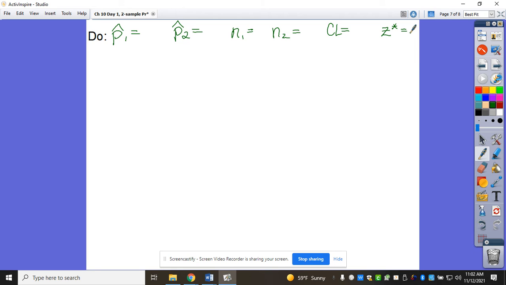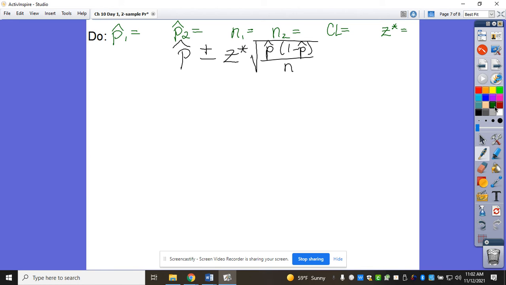Alright, now I'm going to write our old equation here, but it doesn't go on the slide. From chapter 8, what is our equation for confidence interval? It starts with what? Alright, so that's not what we're writing here.